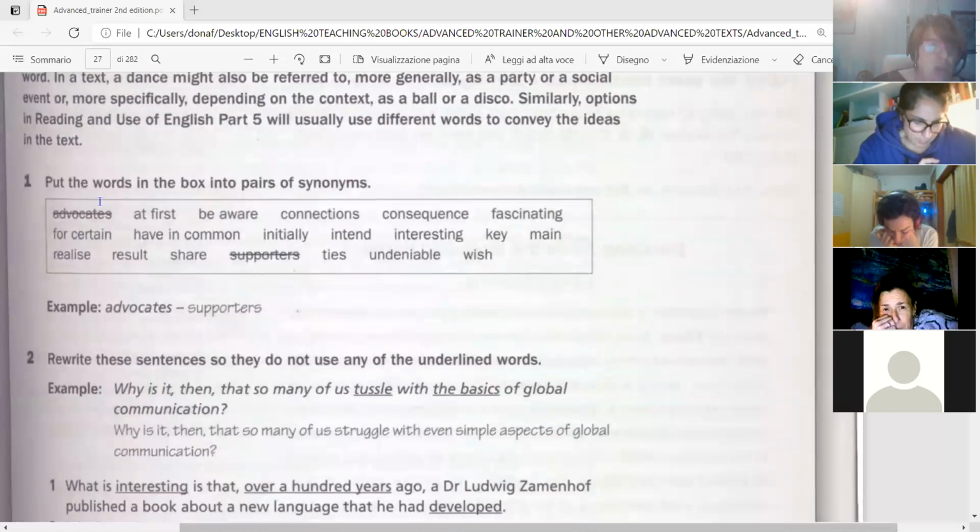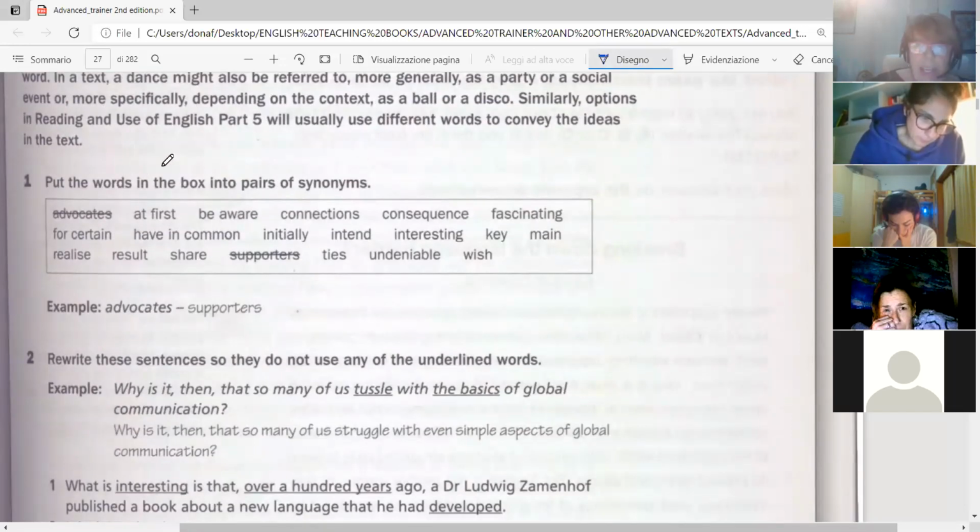So now let's try to put the words that we have in the box into pairs of synonyms. Like advocates, we have supporters. Okay, together. So you got, I help you by counseling what you say.